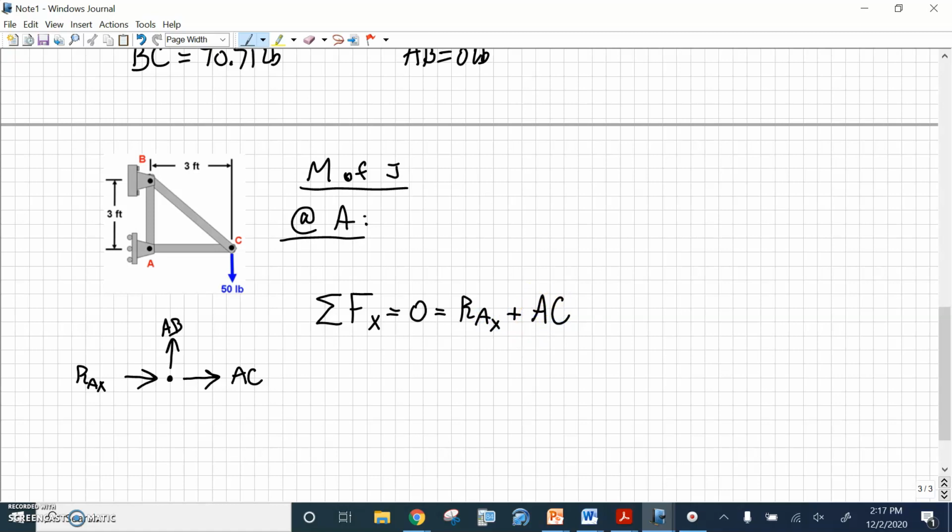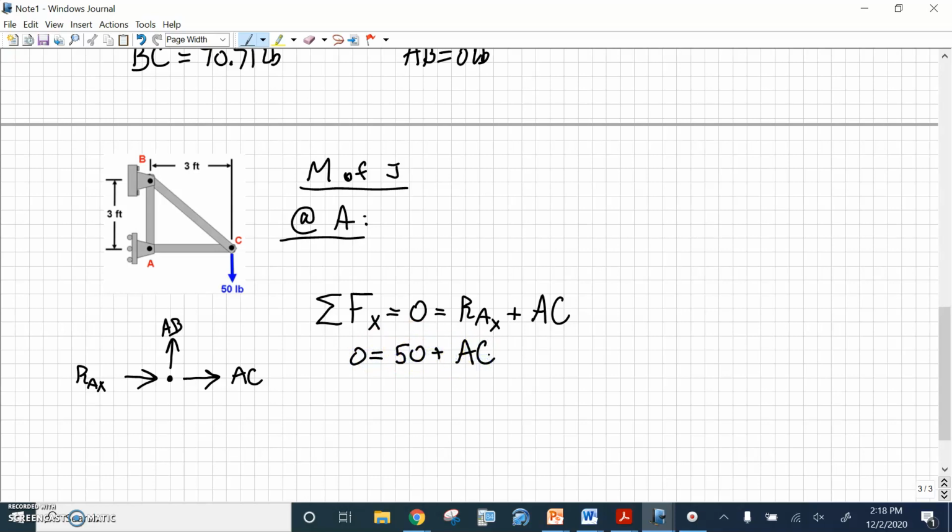Right now we've assumed tension, and RAX we already found previously, in video 1, was pointing to the right. So RAX is to the right. We're assuming AC is to the right. So we can tell right now that something's not going to balance out. Well, we found RAX was 50. So 0, we'll sub that in, is 50 plus member AC.